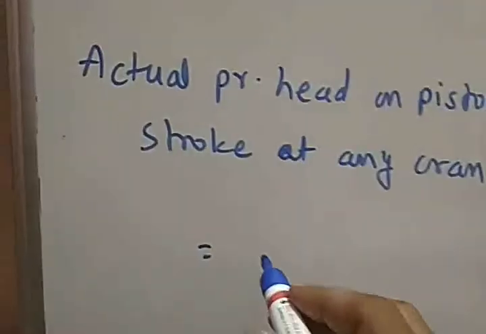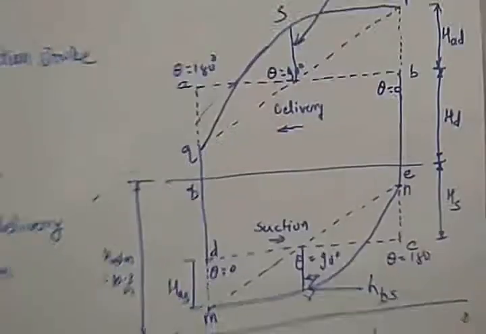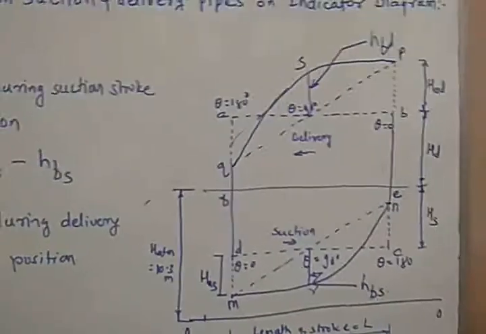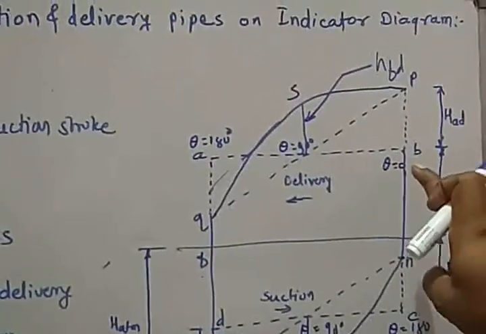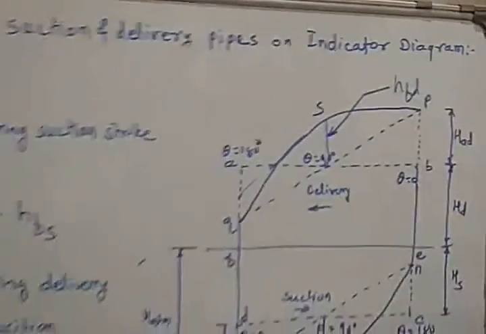Similarly, here we get it for the delivery stroke. The head on the piston will be H atmospheric plus HD plus HAD plus HFD.